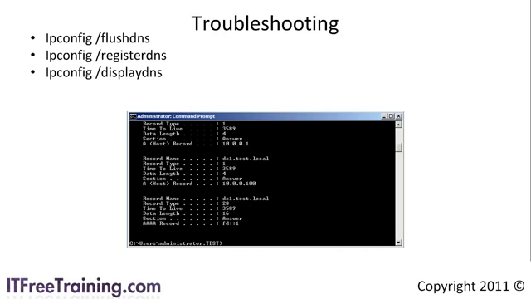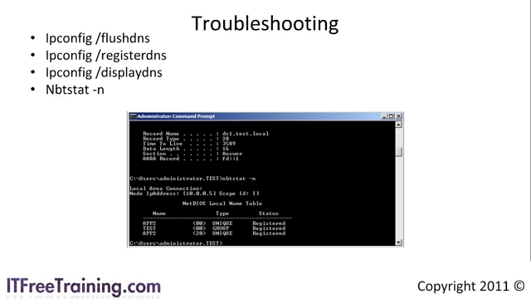The last troubleshooting command I want to look at is nbtstat. This gives you information about NetBIOS. If I add the n switch, this will show the records that are registered for the local computer. You can see for this computer there are 3 records. The first record is 00, which is for the workstation service.